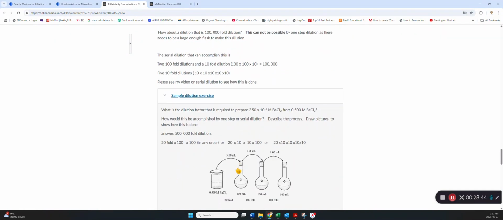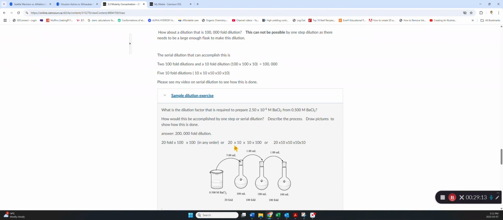So what we could do is a serial dilution that requires a 20-fold times 100-fold times 100-fold. That'll give us our 200,000-fold dilution. In any order, you could go 100, 20, 100, or 100, 100, 20, doesn't really matter.